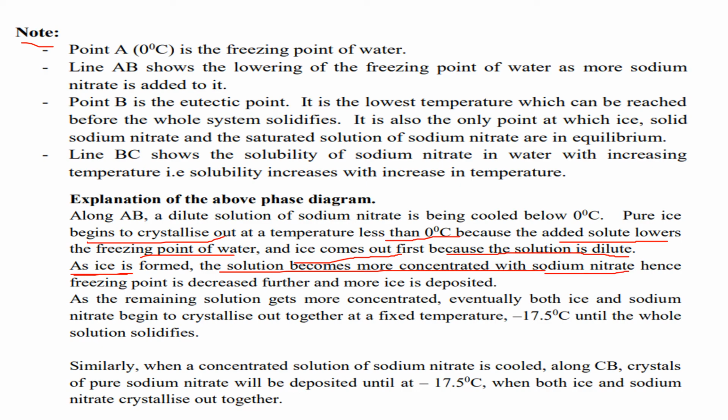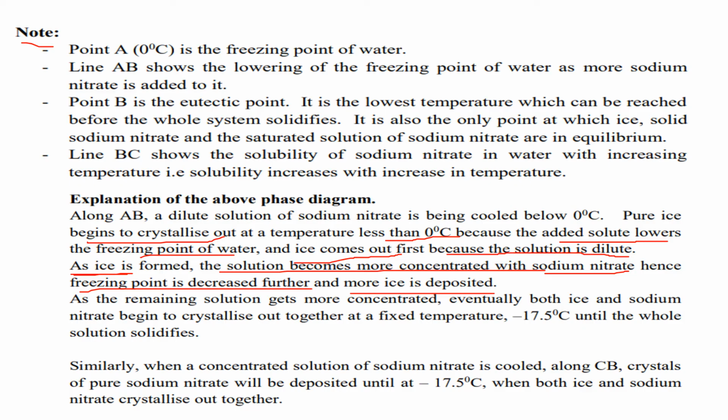So we expect our liquid mixture or the solution now to be rich with sodium nitrate. And once it's more rich with sodium nitrate, that means that the freezing point of water is going to be further decreased. That's why we are saying that hence the freezing point is decreased further and more ice is deposited.